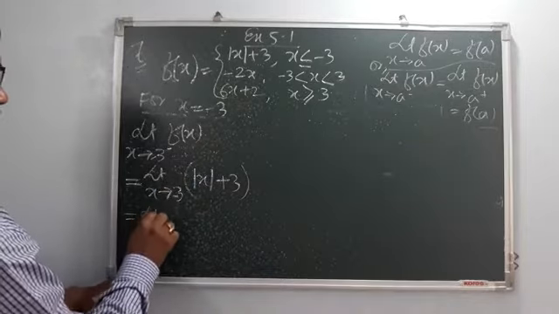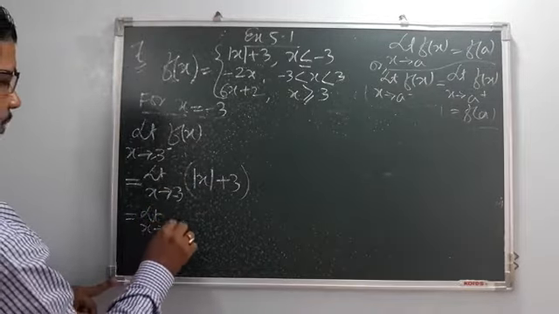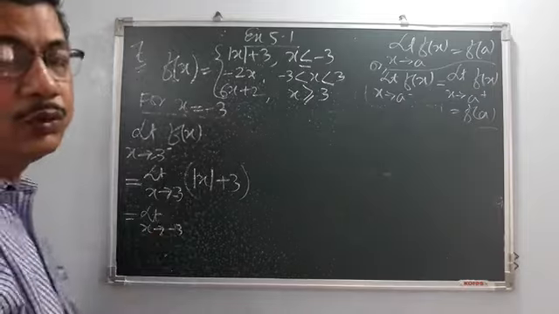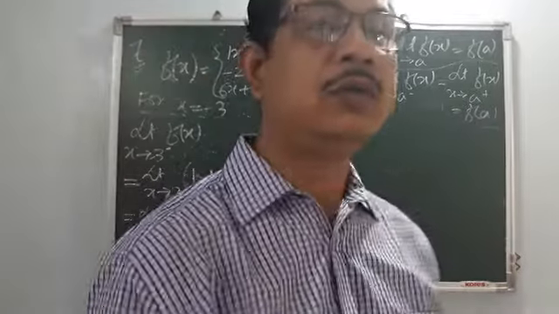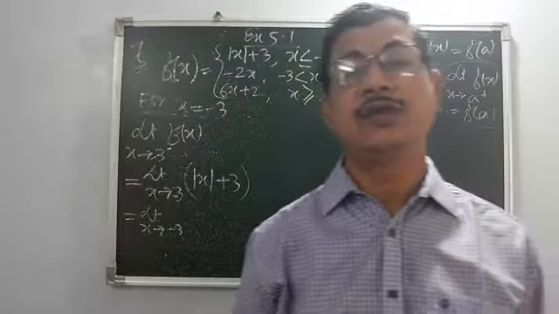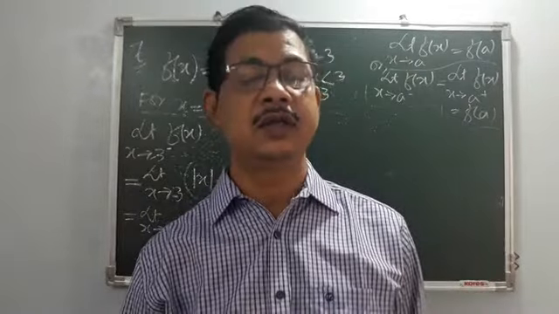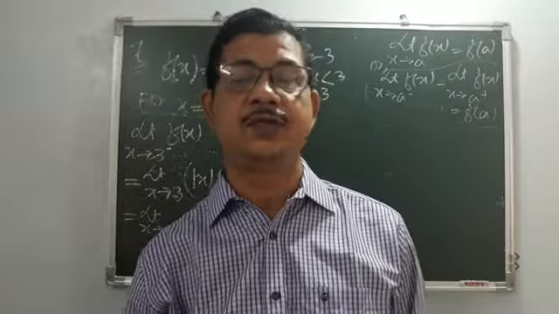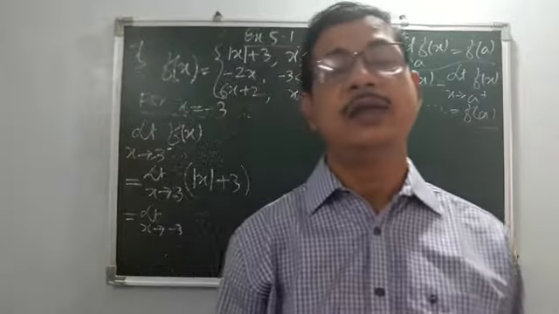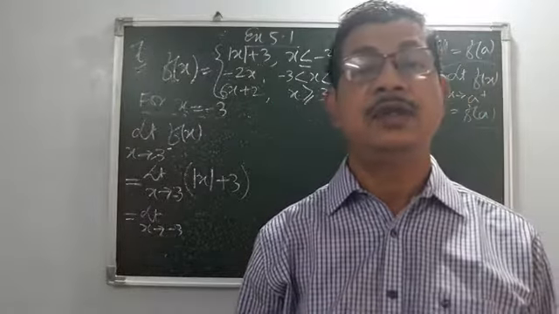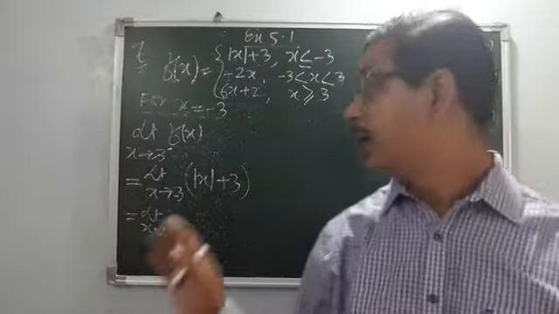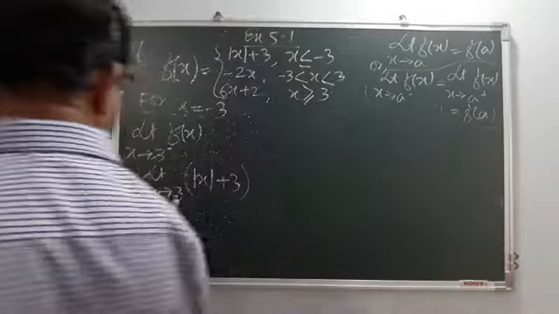Now see, modulus will give two values. Modulus x can be written as x if x is greater than or equal to 0, that is if x is positive, and it gives minus x if x is less than 0. Here it is minus 3.